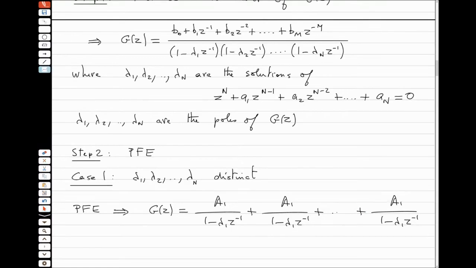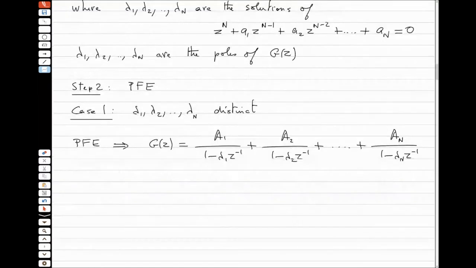This is the friendly case, I will say. So here, but how to find the coefficients A1 and AN?